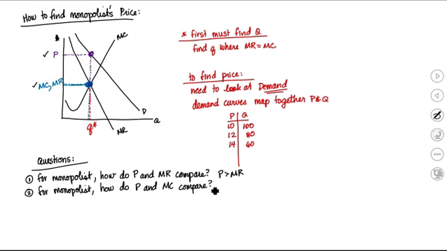Somebody else, give me an answer. Desmond, how does price and marginal cost compare here? Yeah, how do they compare? Are you sure? How come? Tell me how I know this.